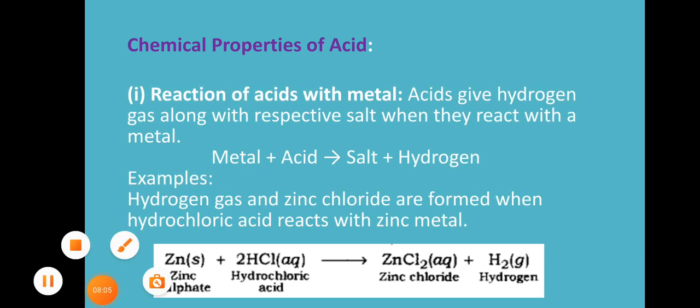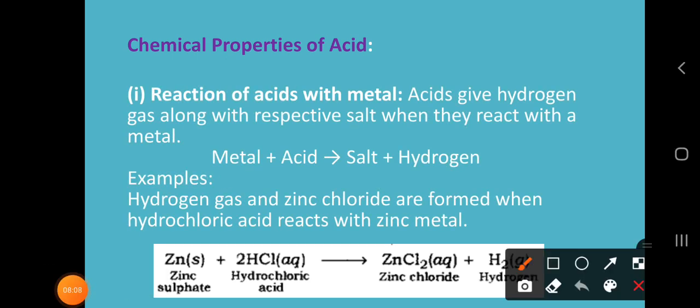Okay dear students, when the hydrochloric acid is reacted with the zinc, what happens? You will get a salt here. This salt is ZnCl2, with the evolution of hydrogen gas. Here you can find the evolution of hydrogen gas.